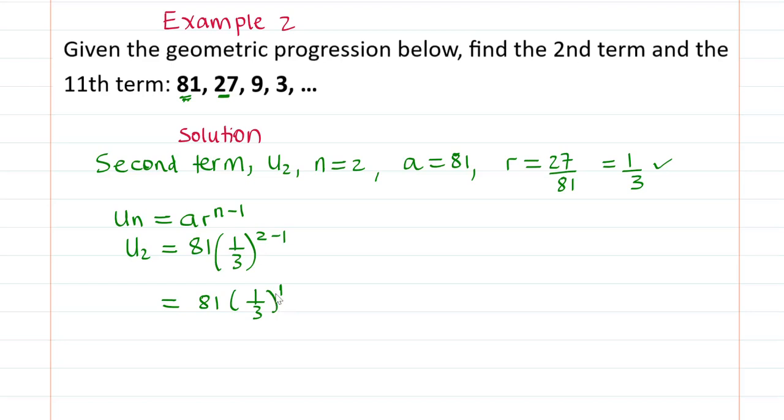This is power 1. Therefore, we shall have 81 times 1 out of 3. 81 times 1 over 3 gives us 27. So the second term, even in the question, was 27. So the formula works. Therefore, the second term is 27.